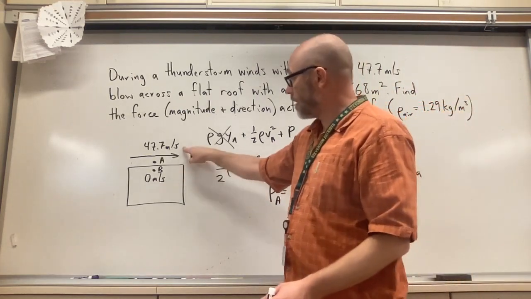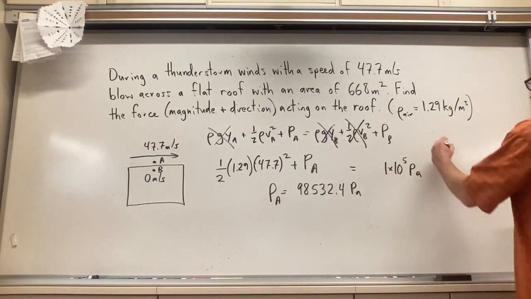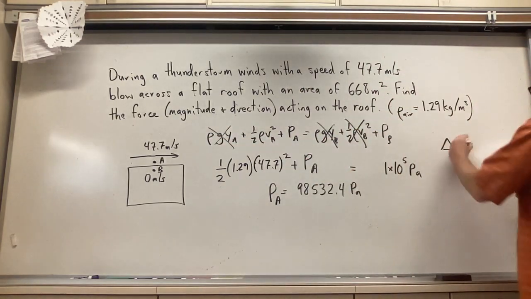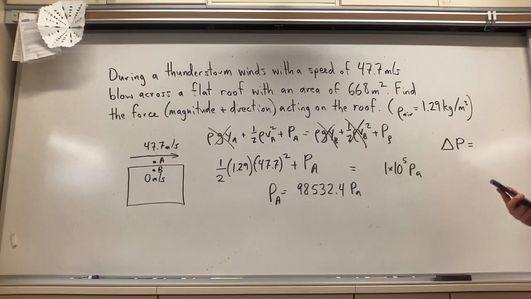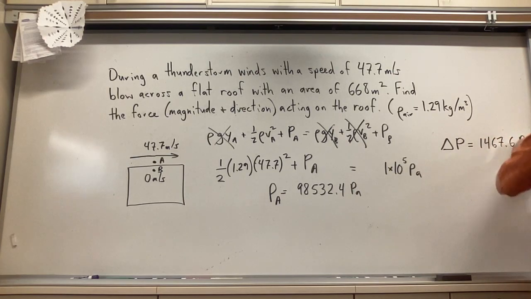So that means the pressure inside the building is this. The pressure outside the building is this. So then we need to find the change in pressure. The change in pressure, 1E5 minus that answer, I get 1467.6 pascals.